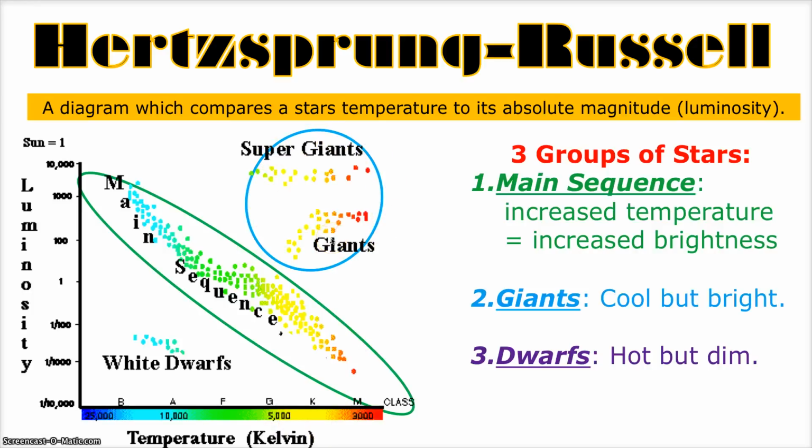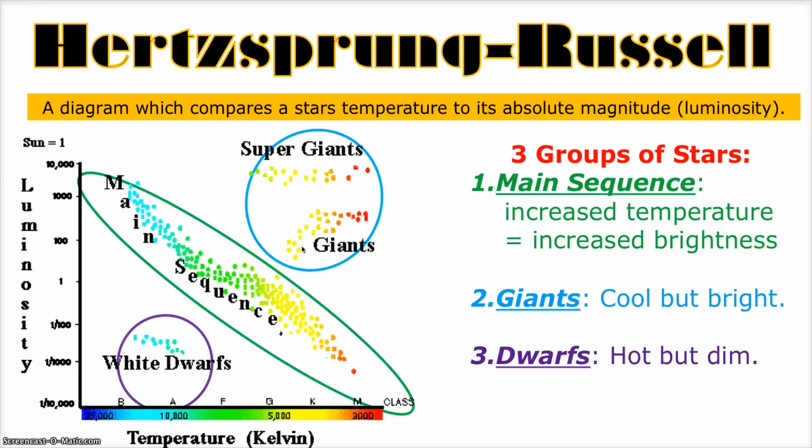So they're cool but bright. So what characteristic do you think these stars have that allow them to be cool in temperature yet very bright in their magnitude? Well, they are giants after all, so it's their size. The size of these stars allow them to be super, super bright, even though their temperature is pretty cool.